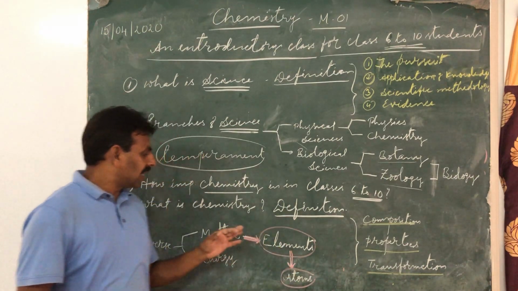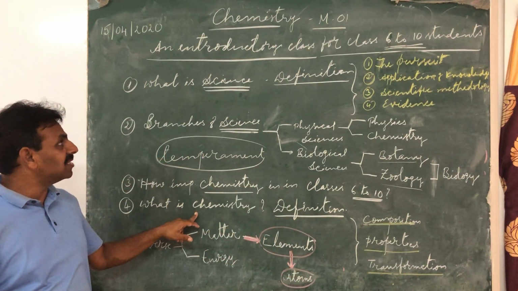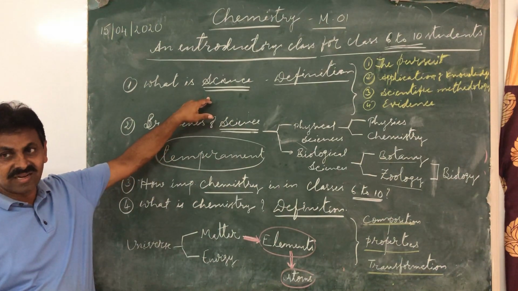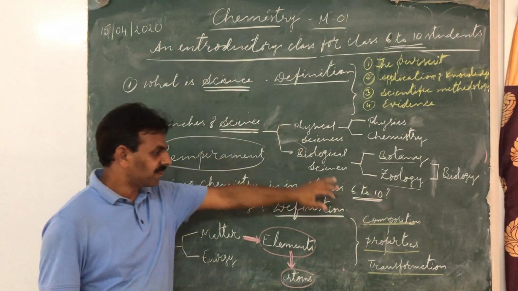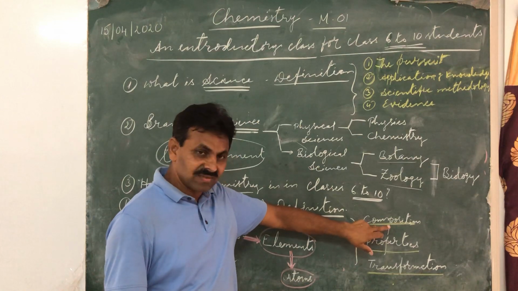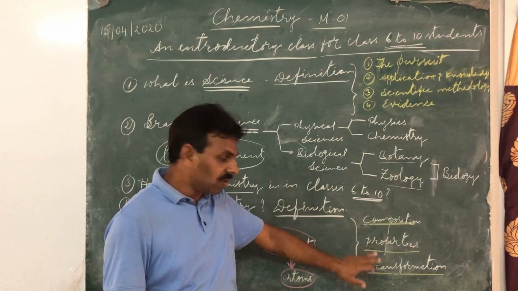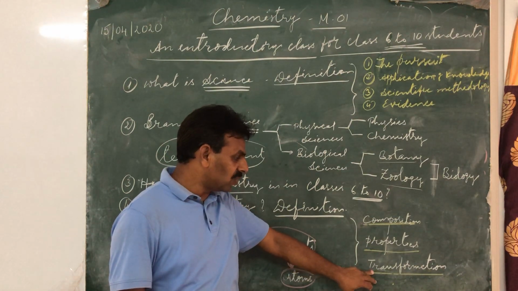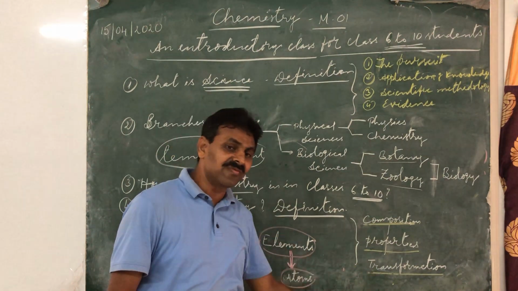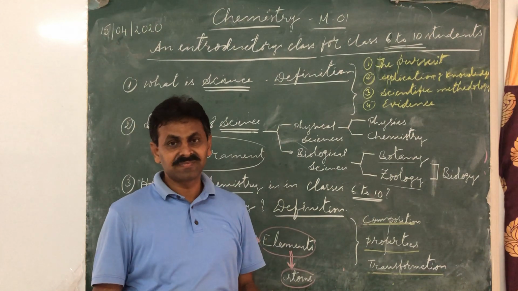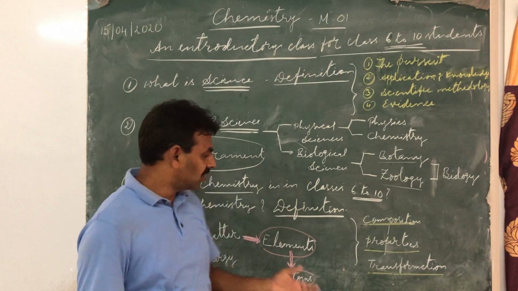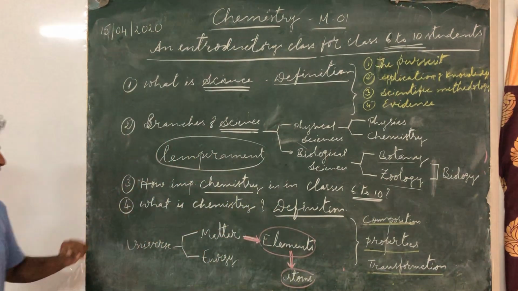So chemistry is a branch of science that deals with the study of composition, properties, and how they undergo transformation from one form to another. That's it. That is what it is all about chemistry.